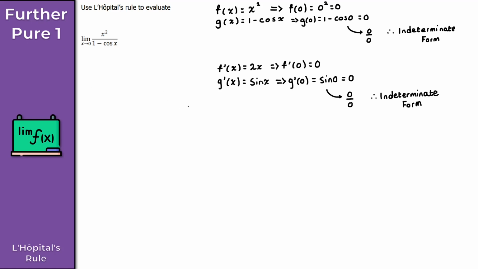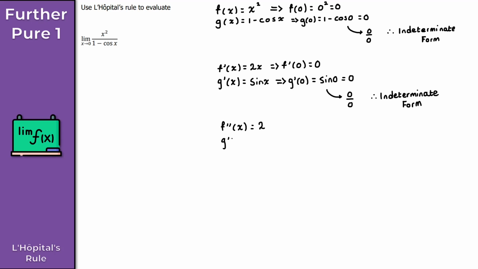So this question is an example where we have to use L'Hopital's rule more than one time. So what I need now is f prime prime of x, the second derivative of the function f with respect to x, and also the same for the function g. So I need g prime prime of x to evaluate this limit. For f prime prime of x, nice and straightforward, that's simply 2.